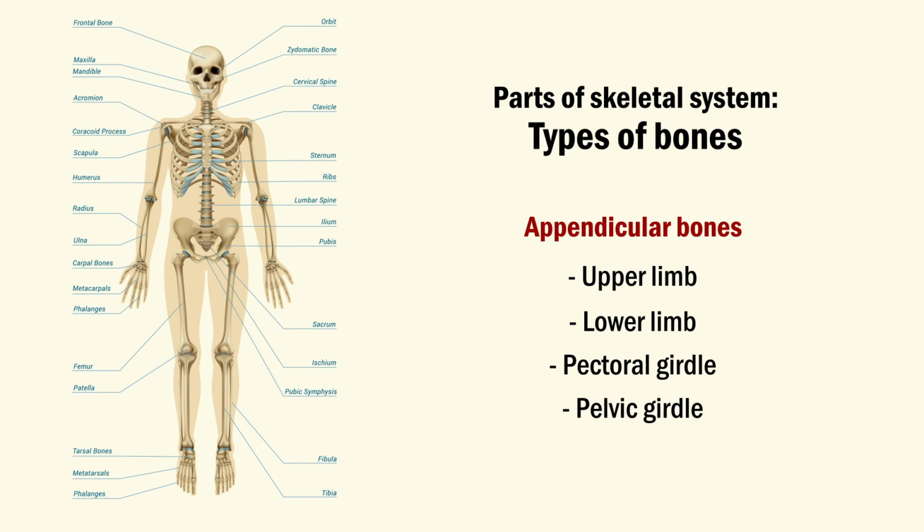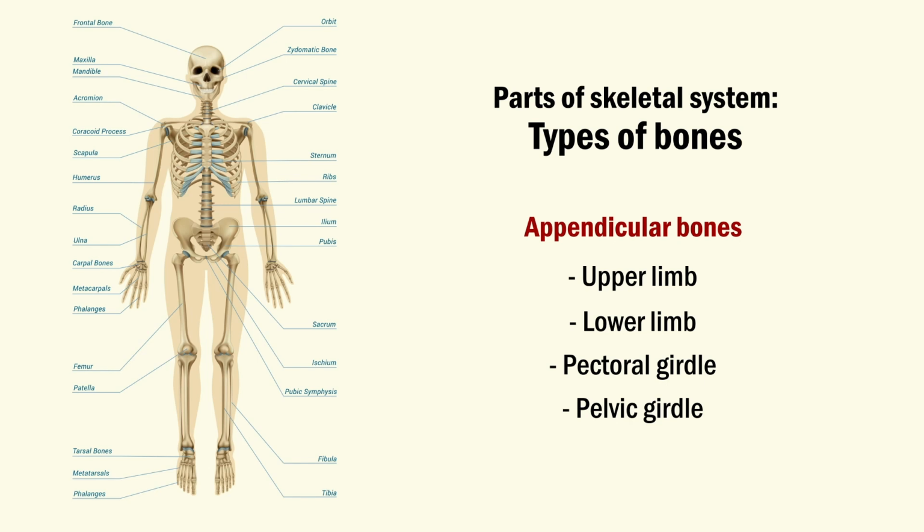The lower limb includes bones of the legs and feet, which include the femur, patella, tibia and fibula. The femur is the longest bone in the skeletal system.